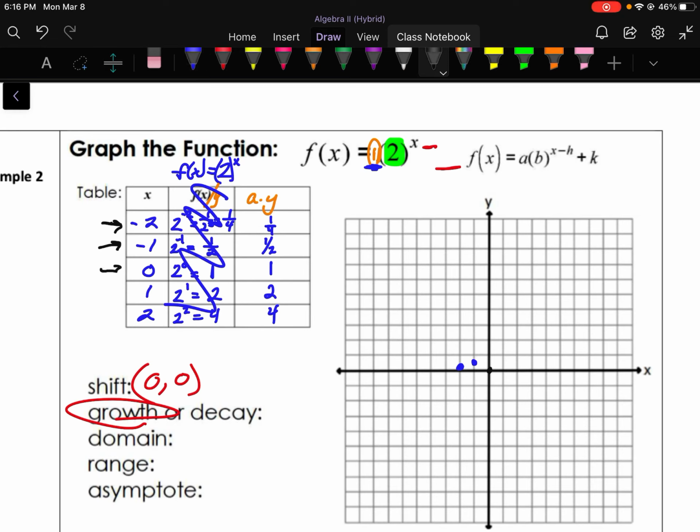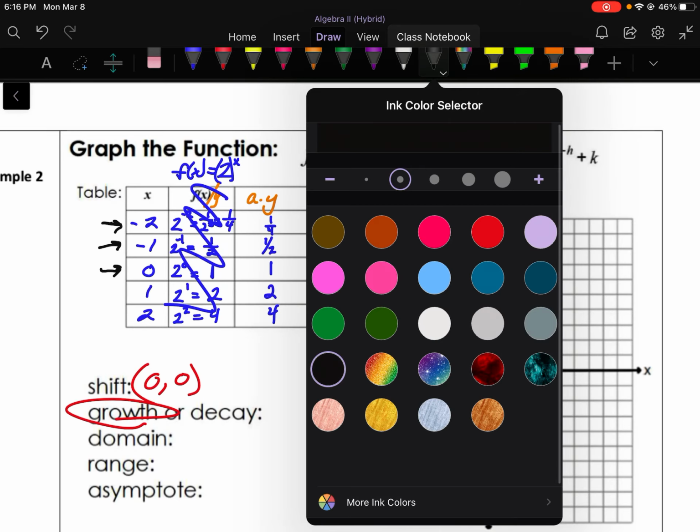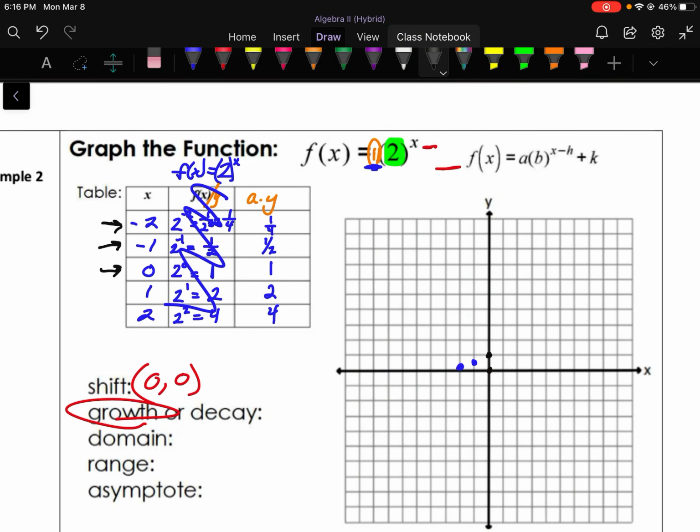The next point is 0, 1, so I'm not going left or right, but I'm going up 1. Fourth point tells me to go to the right 1, up 2. And you can see all of a sudden here my graph is starting to take off. And the last one, go to the right 2, up 4. And here is our graph.